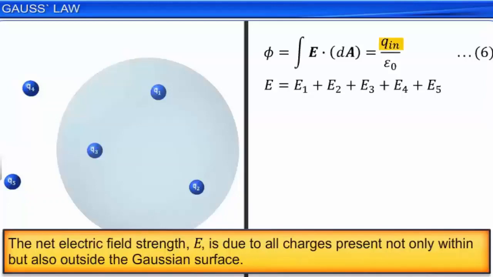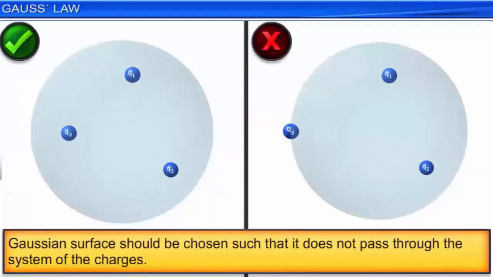While choosing a Gaussian surface for a system of discrete charges, the Gaussian surface chosen should not pass through the system of the charges, since the electric field is not well defined at the location of the charges, as it grows boundlessly as we move closer to the charge.